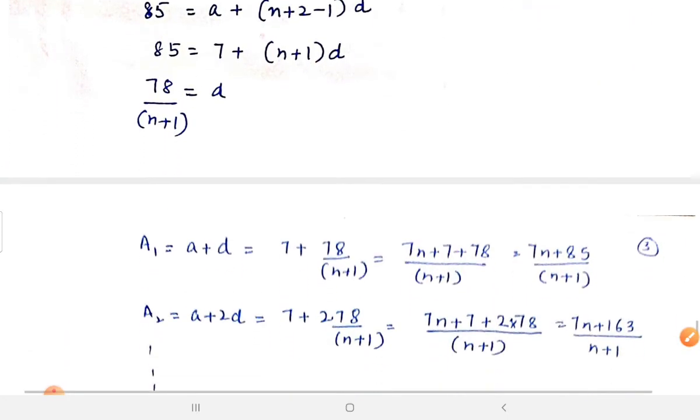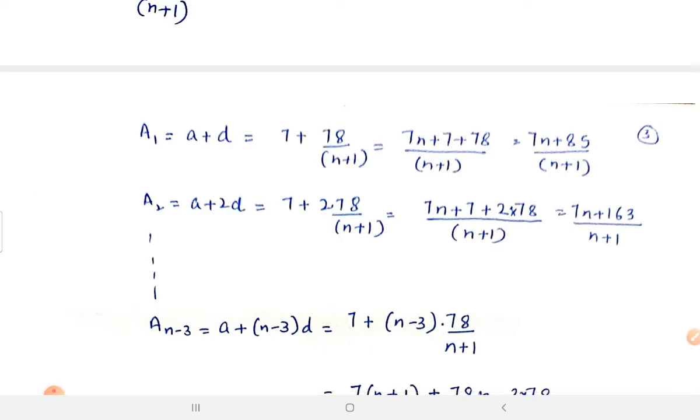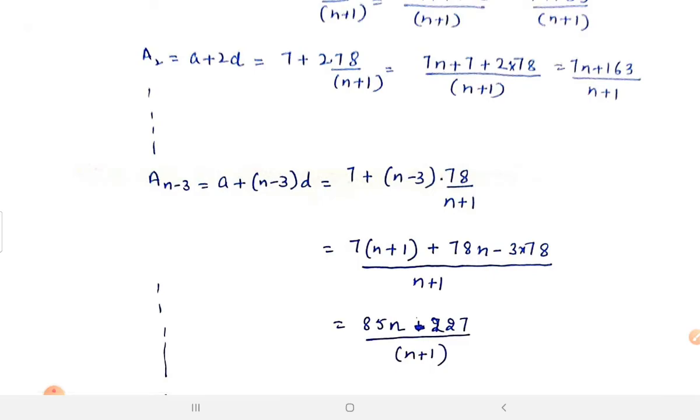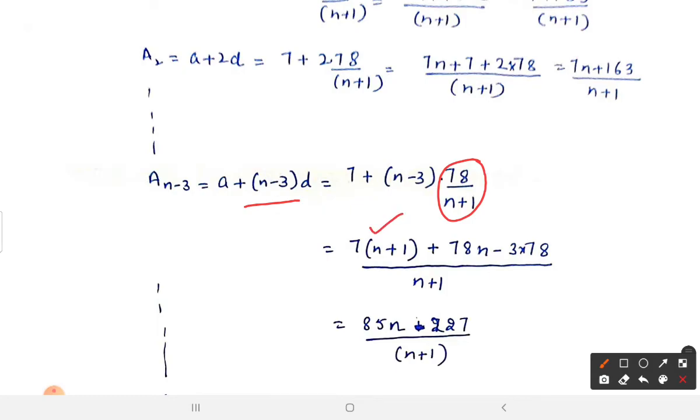So A1 is A plus D, A2 is A plus 2D, and A(n minus 3) is A plus (n minus 3) times D. Put the value of D here. Take the LCM. So we have 7(n plus 1), 78n, 3 into 78. So we have 78n plus 7n, that is 85n, and here 3 into 78 and this plus 7, so we have minus 227 after solving.